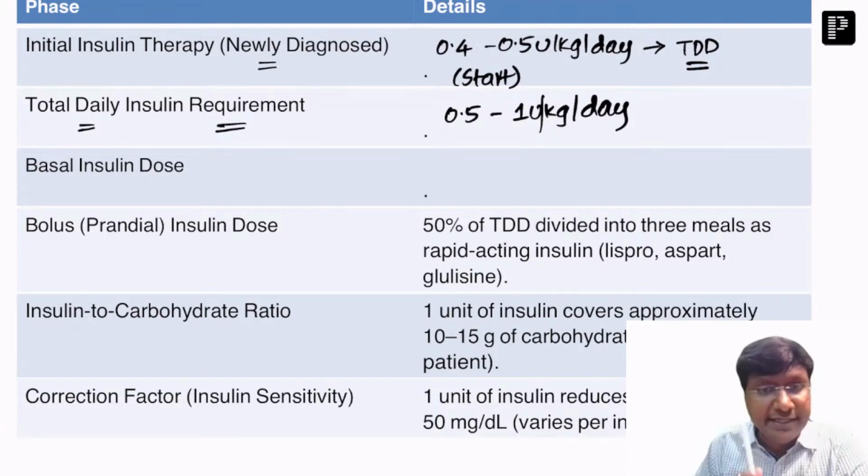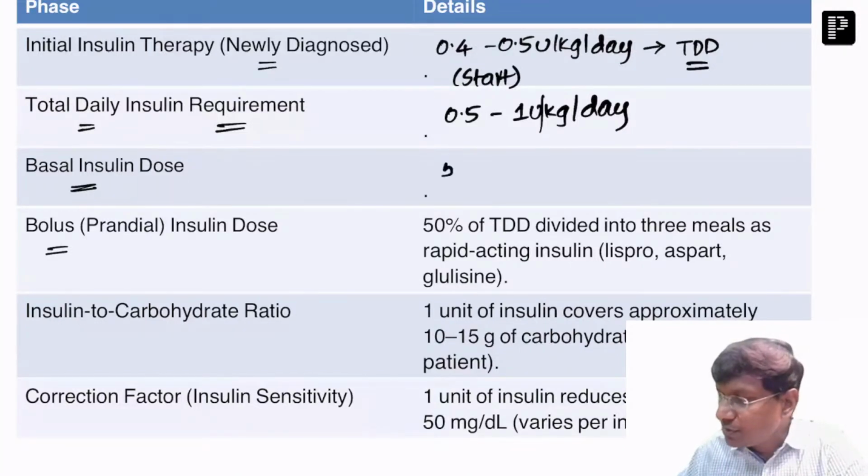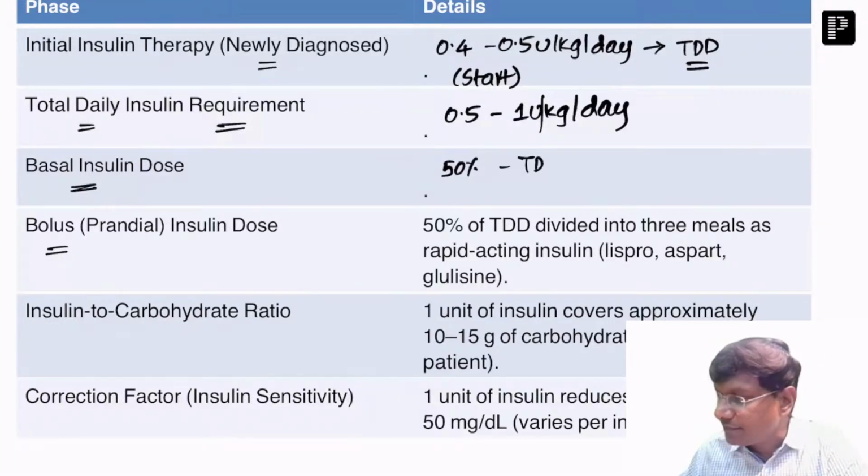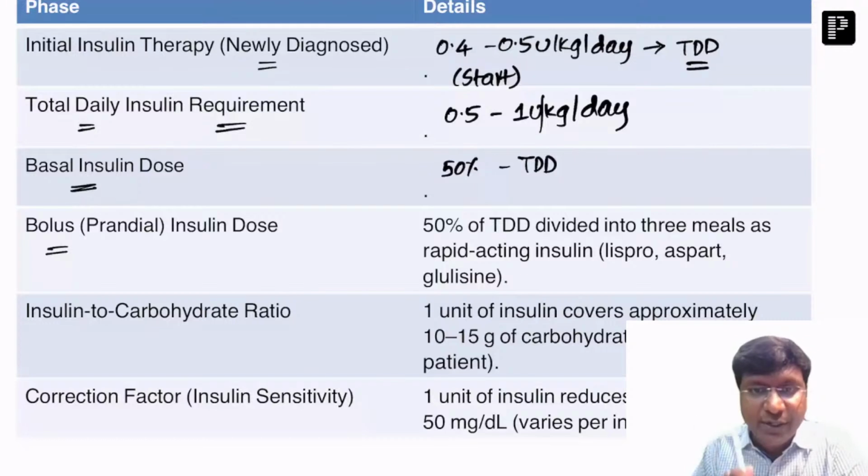Now, in that, you have the basal insulin and the bolus insulin. So 50% of the total daily dose should be the basal insulin.